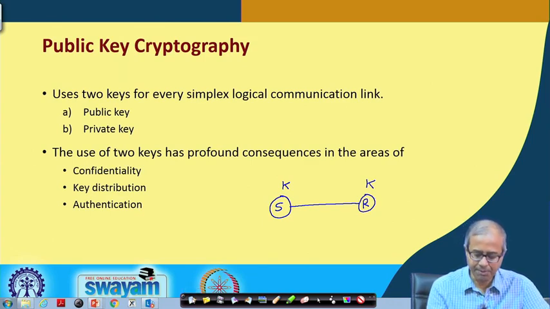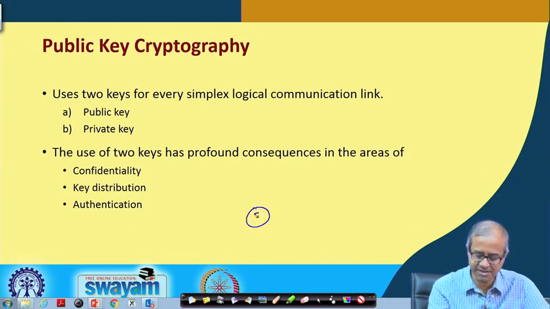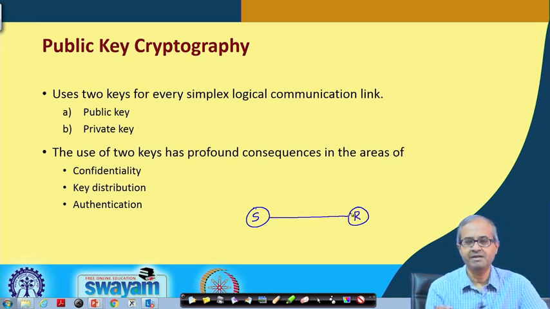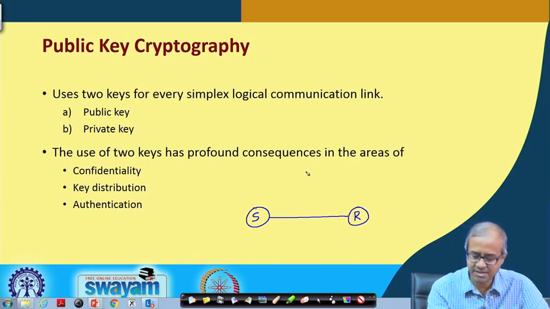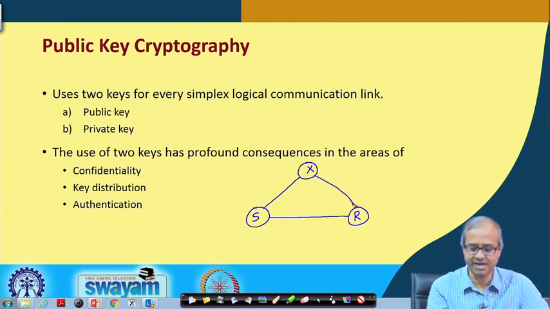But in public key system, it is something different. I have a sender, I have a receiver, there is a communication channel. Now, I am saying that I am not sharing any key across two parties. Let us say there can be a third party also, X, so there are three parties. Now, every party will be having two keys, a pair of keys.